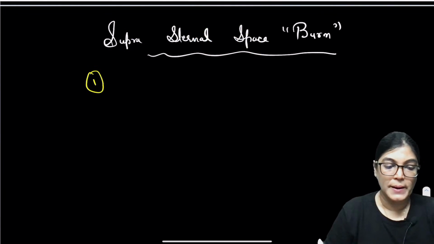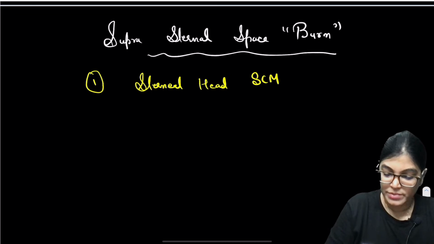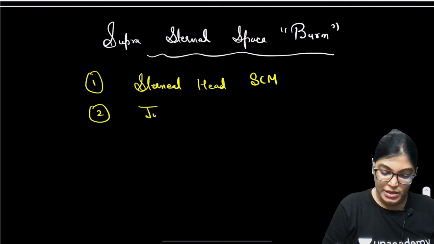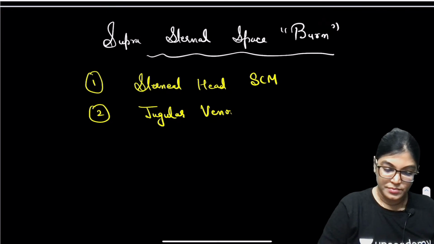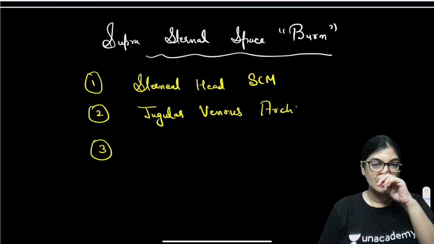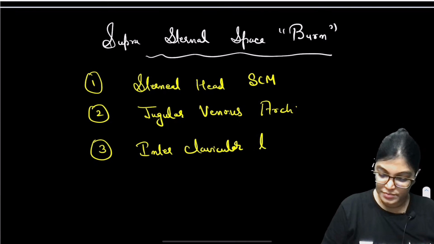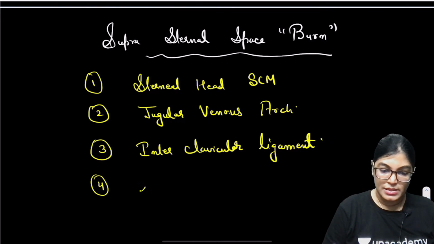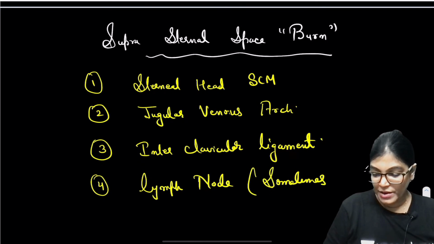The four structures enclosed are the sternal head of the sternocleidomastoid muscle, the jugular venous arch, the interclavicular ligament, and sometimes lymph nodes. So how many? Four structures.